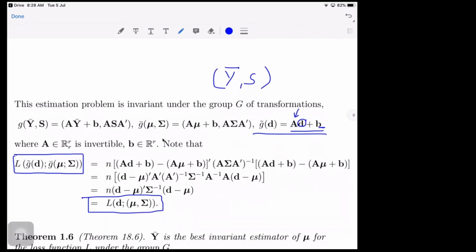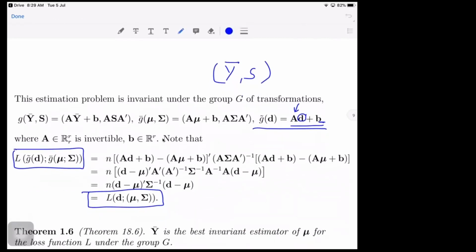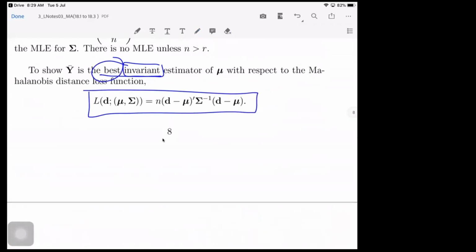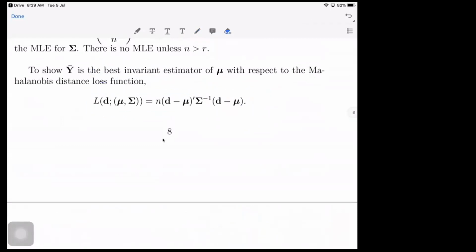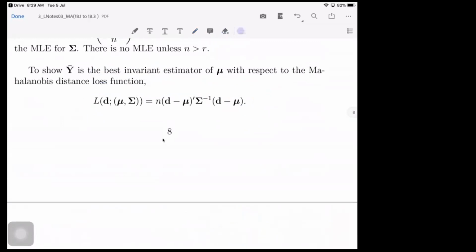So if you do any transformation on your D and you get the loss function associated to that transformation, and you get the same loss function as the original loss function that you have stated in this particular discussion, we limit it to this loss function, the quadratic loss function or the Mahalanobis distance loss function.